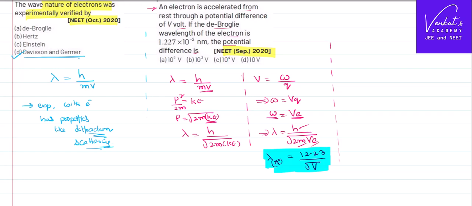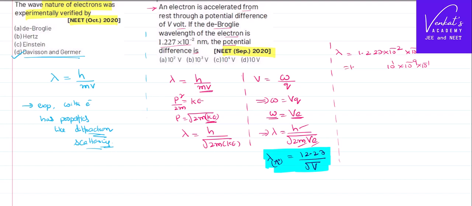So once after knowing this, we can substitute the data. Lambda in angstrom we have to find out. Lambda is given for you as 1.227 into 10 power minus 2 nanometer, that is 10 power minus 9. If I have to express it as angstrom, I have to multiply with another 10 power minus 1. To compensate that, I have to multiply with 10 power plus 1.